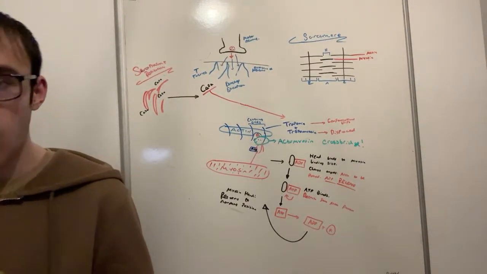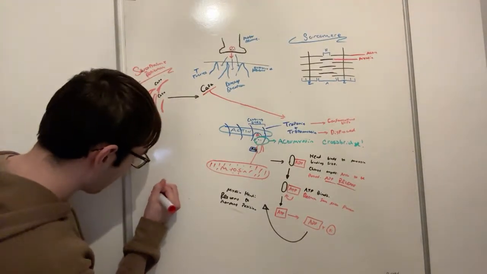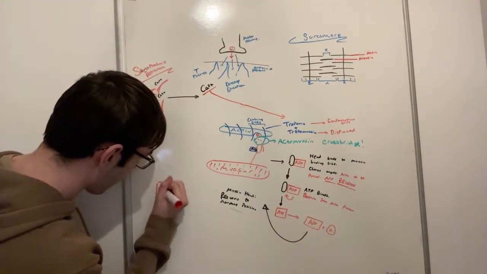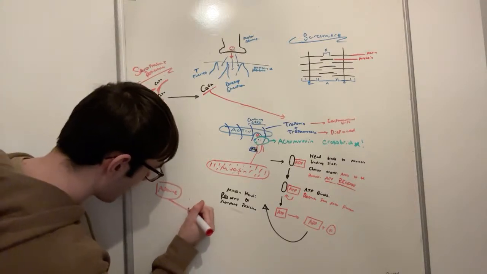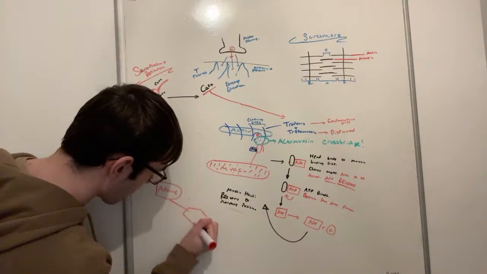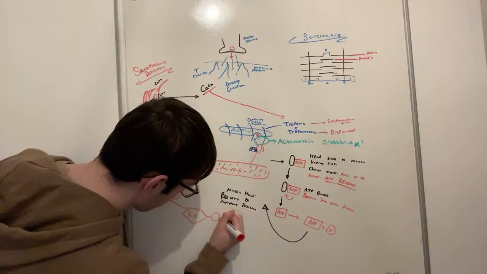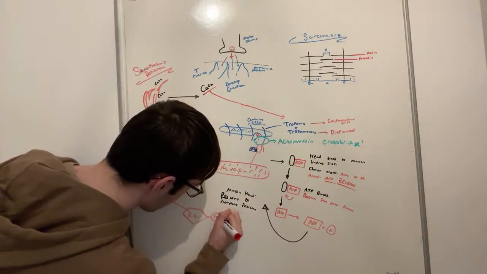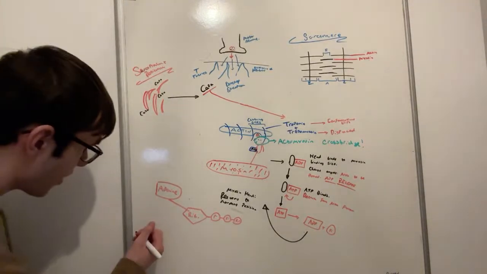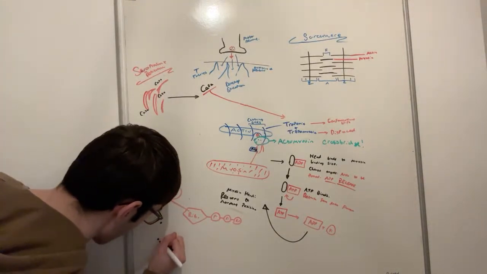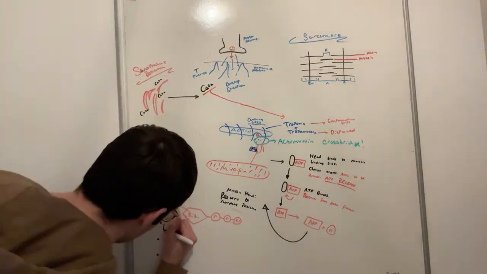Obviously, the importance of ATP itself is that it is adenine, a ribose, and then three inorganic phosphates. The whole purpose of ATP is that it is used in phosphorylation.